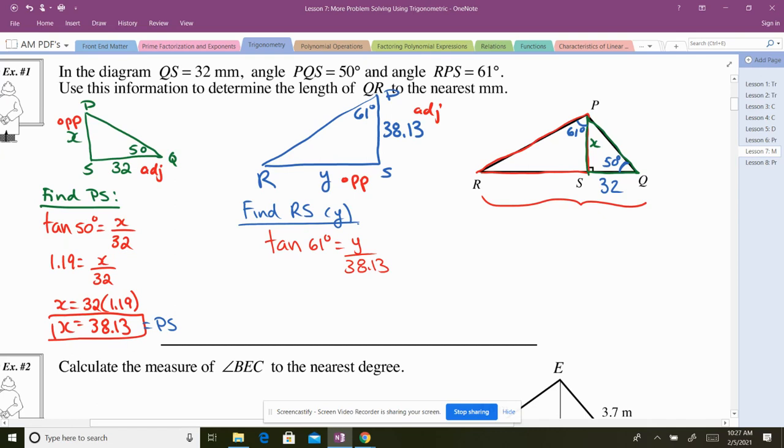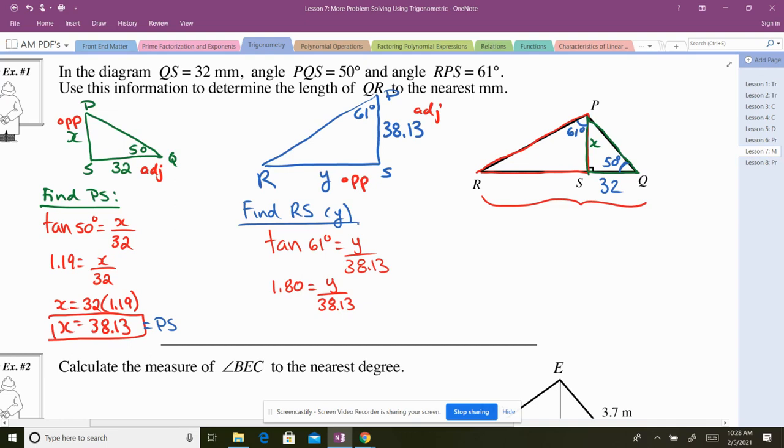Tan 61 is 1.80. When you do that, though, I will tell you, the earlier you round something to a whole number, the bigger the error is going to be, especially in a question like this. But I'm not too worried about that because this is not science class, and we're not going to worry about sig figs and stuff like that.